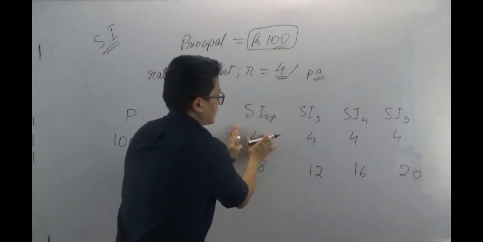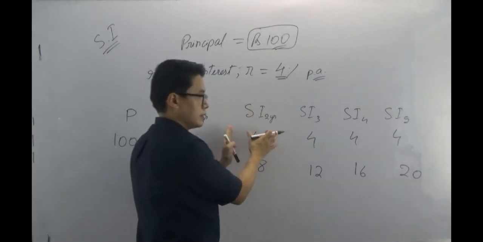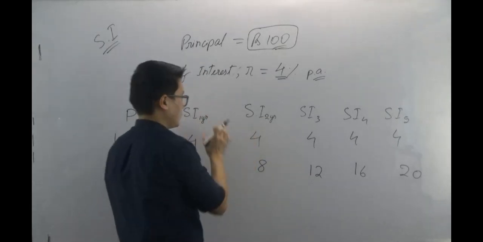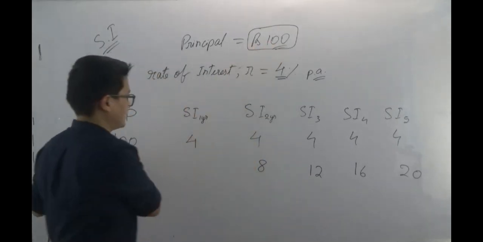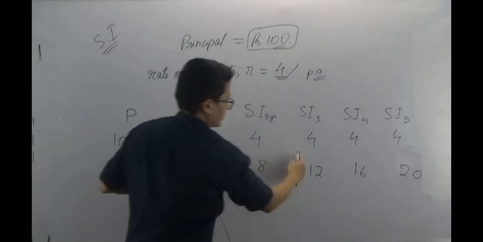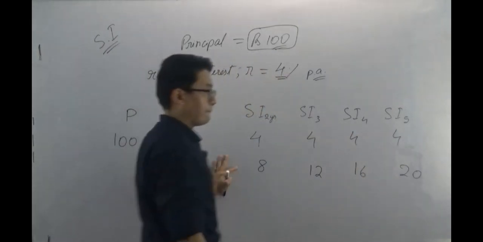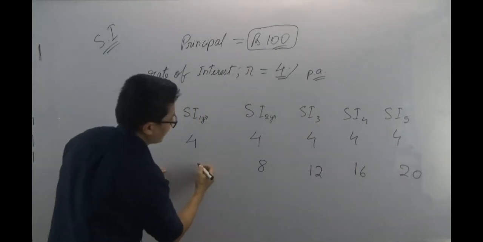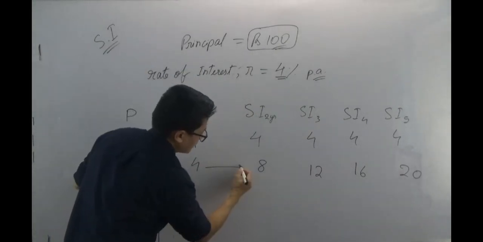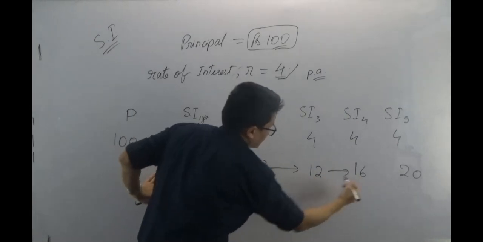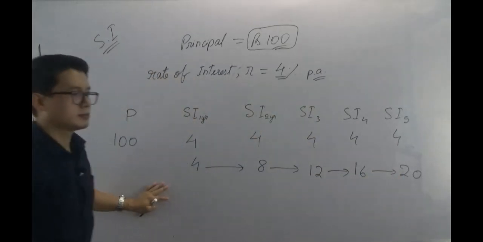This is about that particular year only; when the principal is ₹100, the interest is 4 each year, and they add up. Can you see a pattern here? 4 becomes 8, 12, then 16.